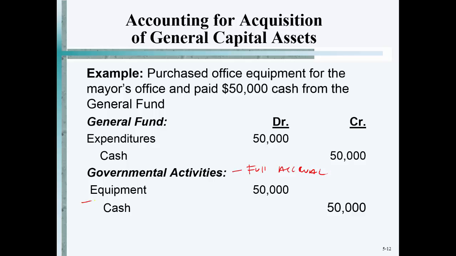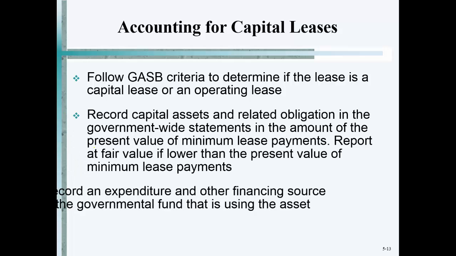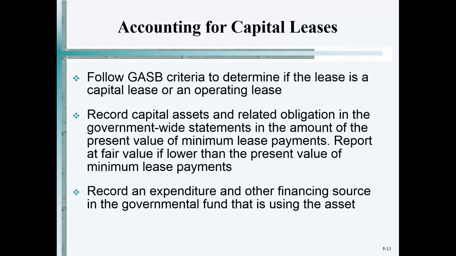If we are using modified accrual, we debit the expenditure. And we've known that now for a long, long time, right? When I say long, long time, as we've gone through this class.